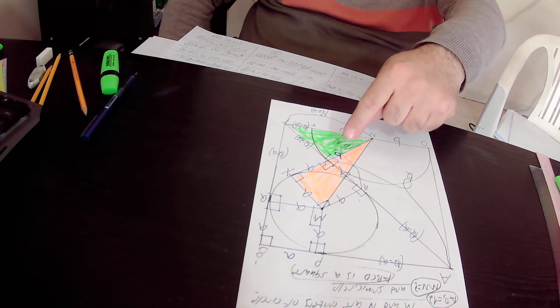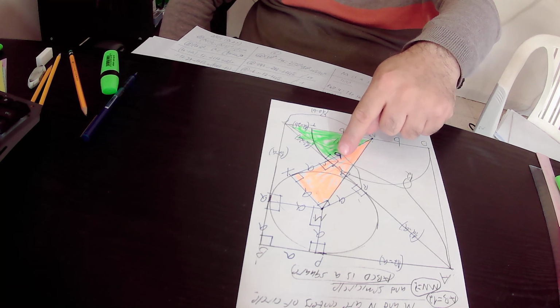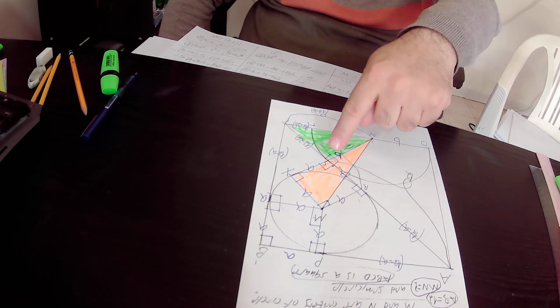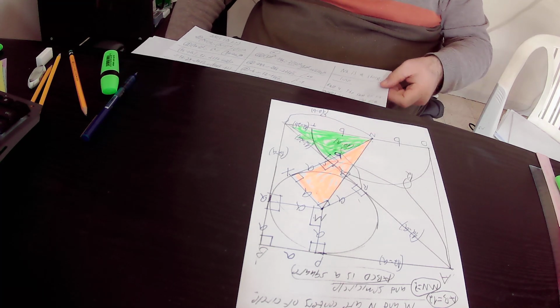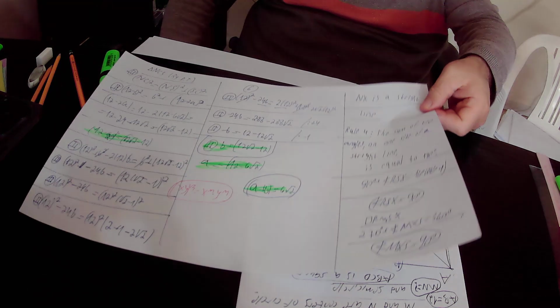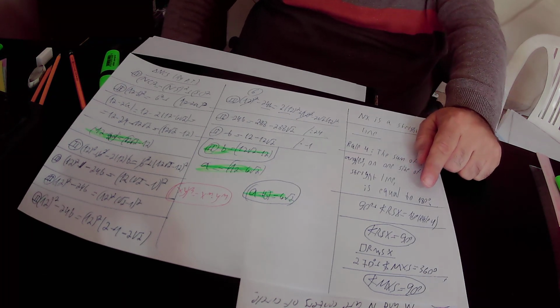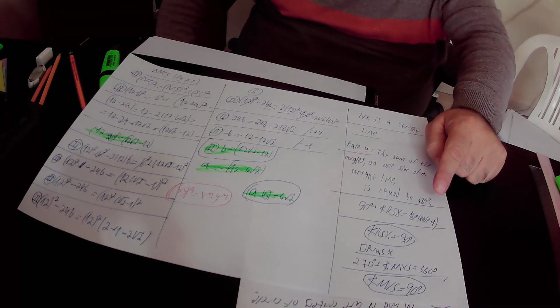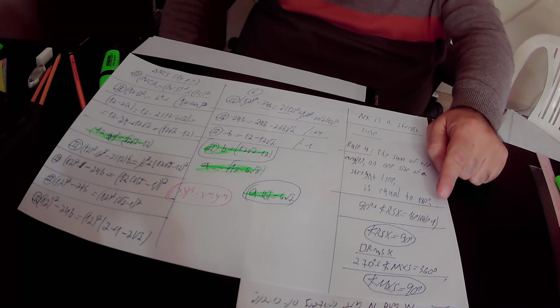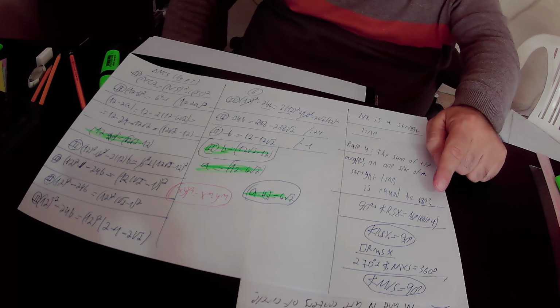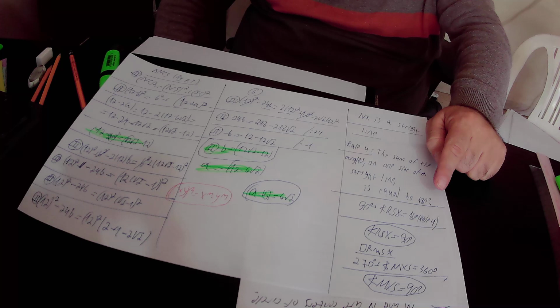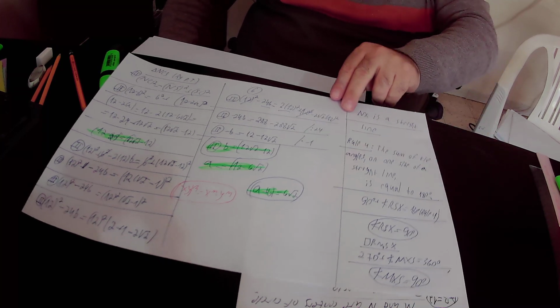Which angles do we have here? At point S we have 90 degrees plus angle RSX. In total the sum of those two angles must be equal to 180 degrees according to rule number 4. We subtracted 90 degrees from this equation, and we got that angle RSX equals 90 degrees.